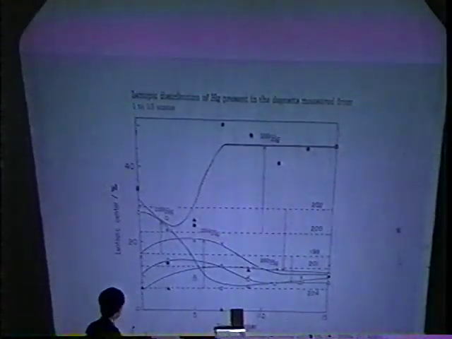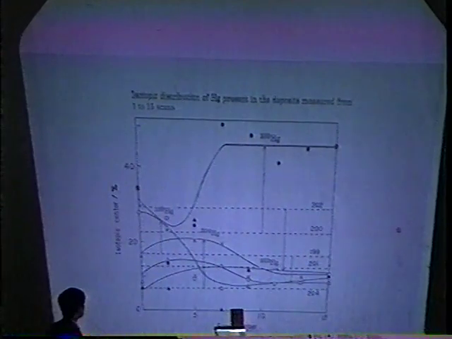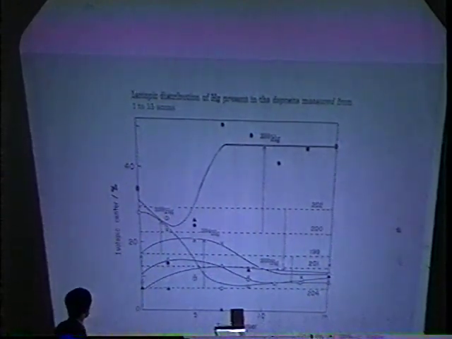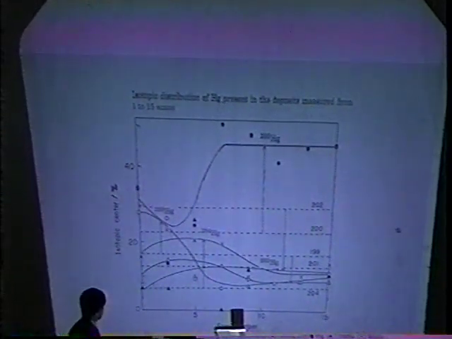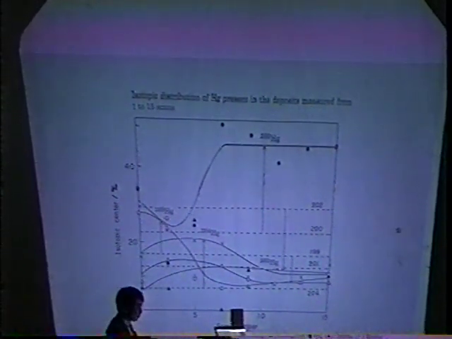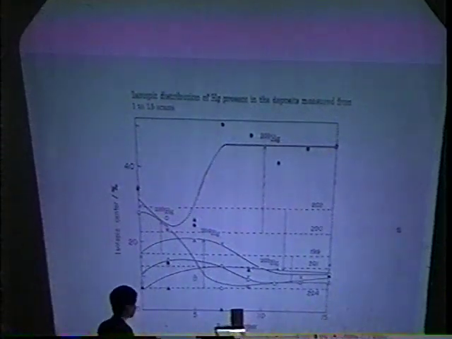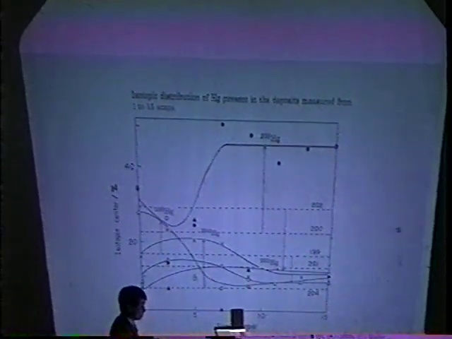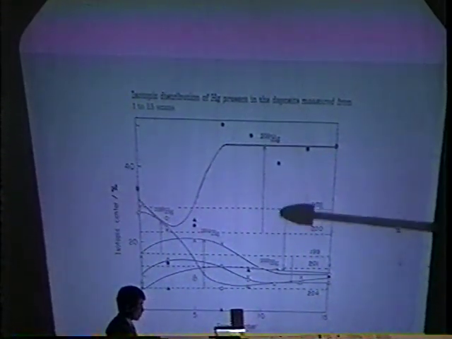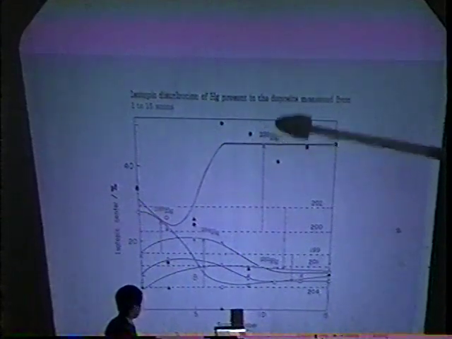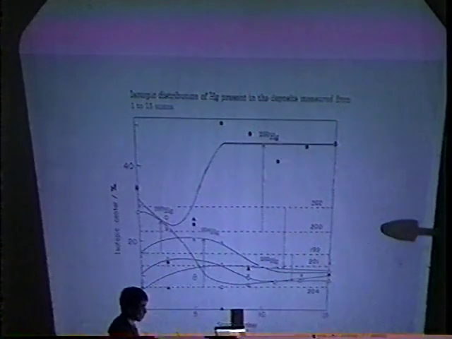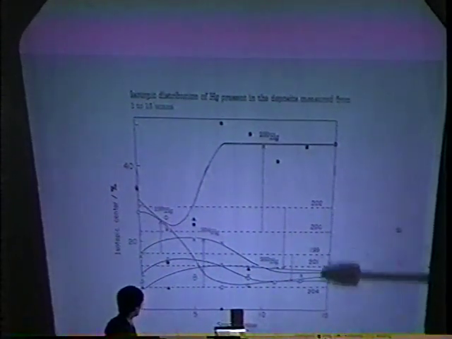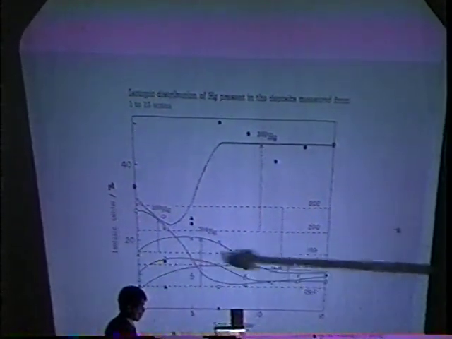This is the isotopic distribution of mercury present in the deposit, measured from 1 to 15 scans by SIMS analysis. As seen from this figure, mercury 200 increased from its natural abundance about 2 times. On the contrary, another mercury isotope decreased significantly at this level.